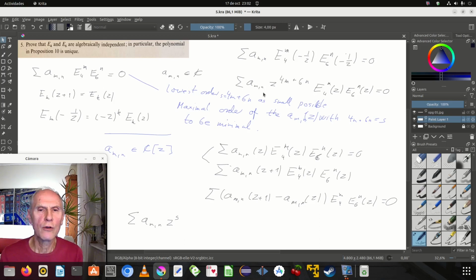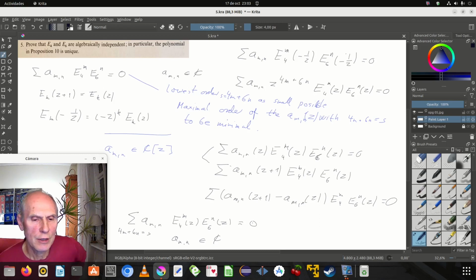So we can conclude that we only contain terms where 4m plus 6n equals S. This is the equation we've got, where a_{m,n} are complex numbers.